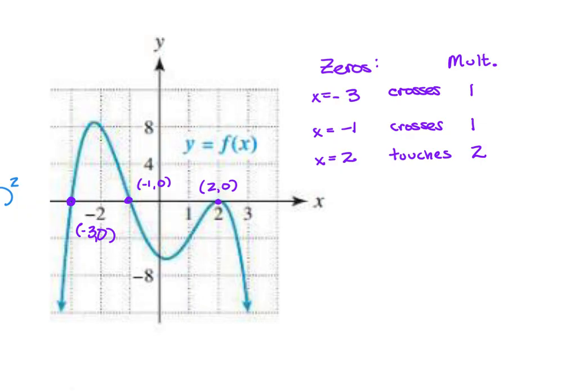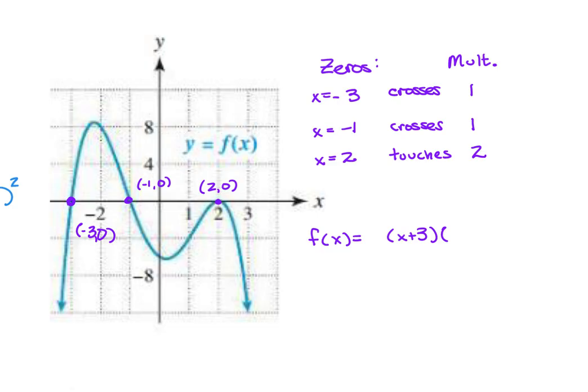All right, we're going to go ahead and write our function. Remember that we're going to rewrite each one of these zeros as a factor, and we want to change the sign. So x equals -3 is going to become x plus 3. Because it has a multiplicity of 1, we're just going to have one factor.